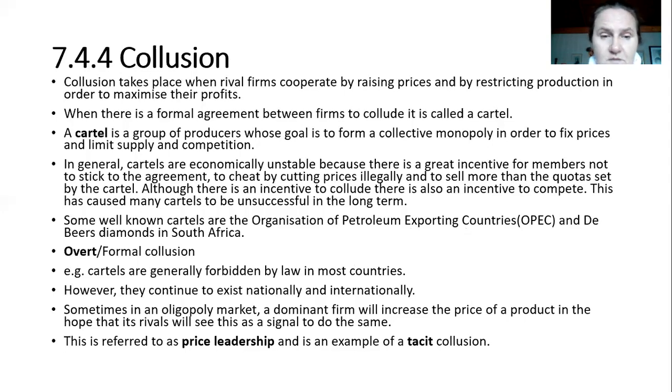They've got the largest market share. So if they decide, because they're the dominant firm, to change the prices, the others will be stupid not to follow their example. So this is called tacit collusion, and that is legal. Okay. So if your rivals follow what you're doing, then that's acceptable. And that's oligopolies. I hope you understood.